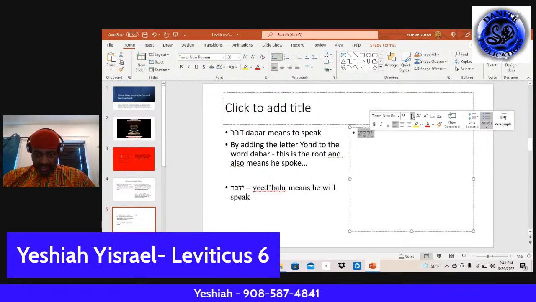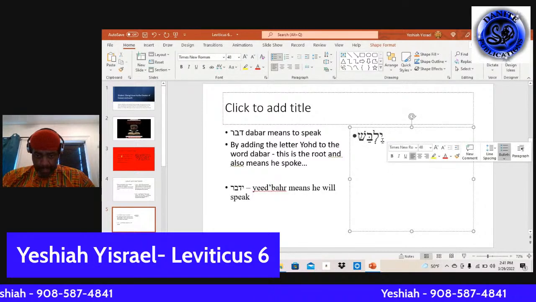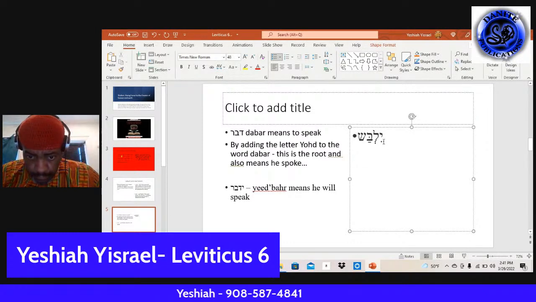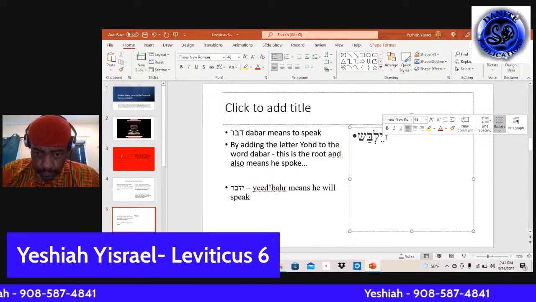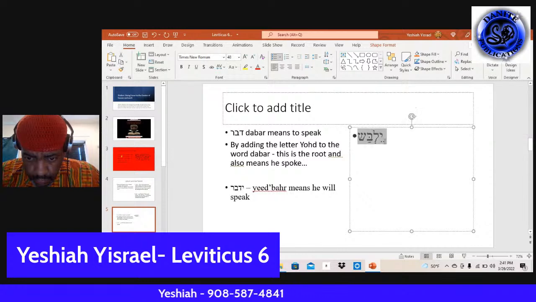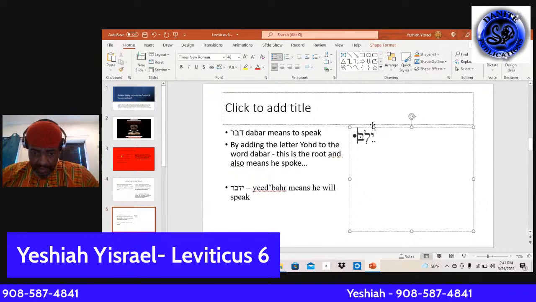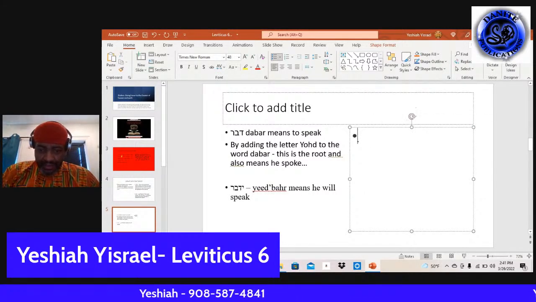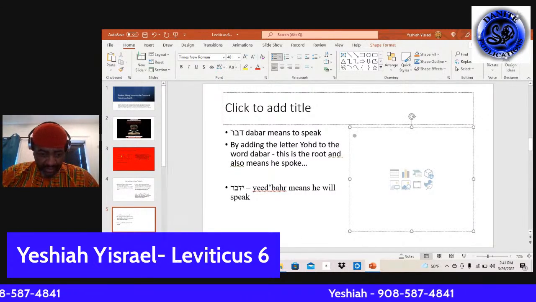This word here, Yilbash, showing it again in real time. Copy and paste didn't want to work with a brother. Sorry about that, family.